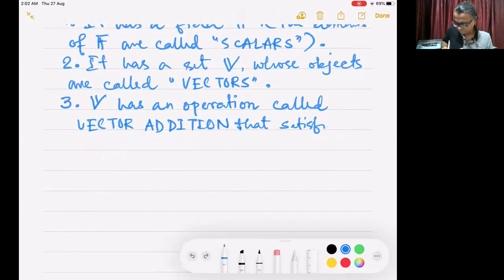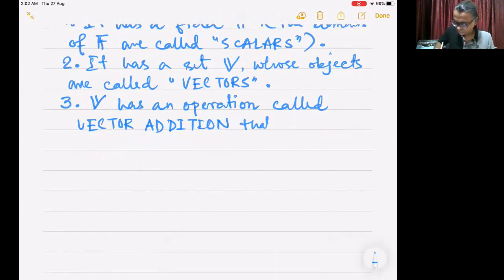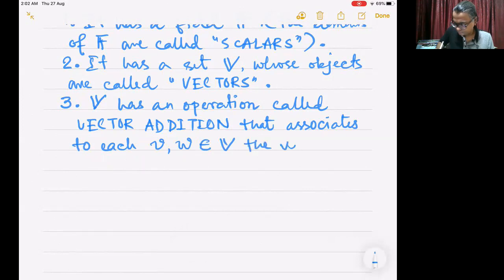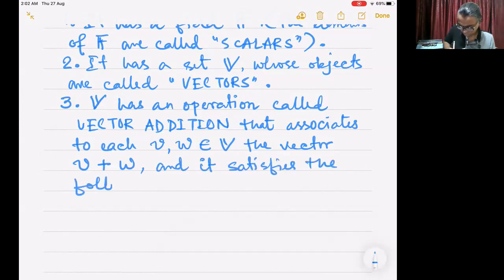V has an operation called vector addition that associates to each v, w in V the vector v plus w, and it satisfies the following properties.